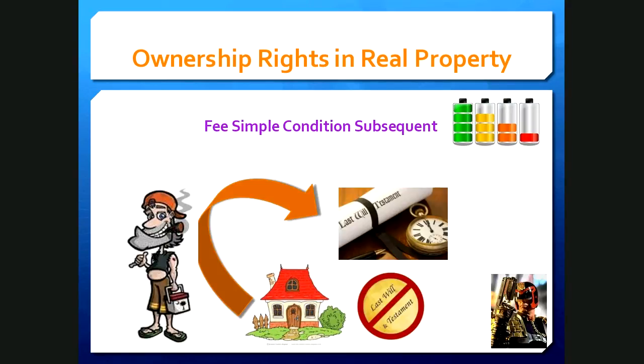Well, the right that he had to re-enter would pass to whoever got that right, either through will or through the estate. So then if the property were to pass to somebody else, they would have the right to re-enter and kick Ricky Rotten out of the house and take the ownership of it.